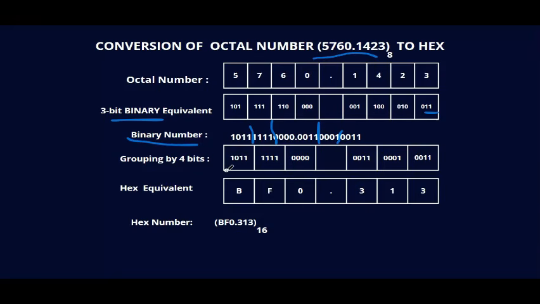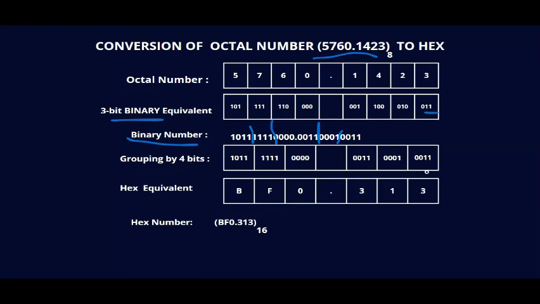So these are the 4-bit nibbles obtained from the above step. That is 1011, 1111, followed by 4 zeros, then 0011, 0001, 0011.